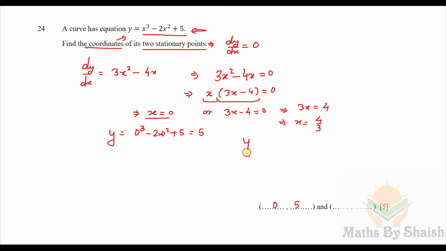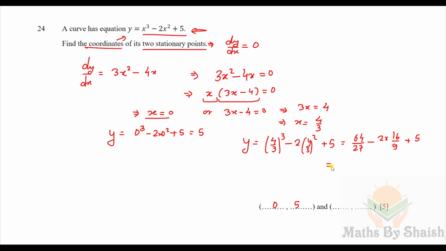And from 4 by 3 we'll calculate y: y is 4 by 3 cube minus 2 times 4 by 3 square plus 5. So 4 cube, 4 4s are 16, 4 times 16 is 64, over 3 cube, 3 3s are 9, 3 9s are 27, minus 2 into 4 squared, 16, over 9, plus 5.